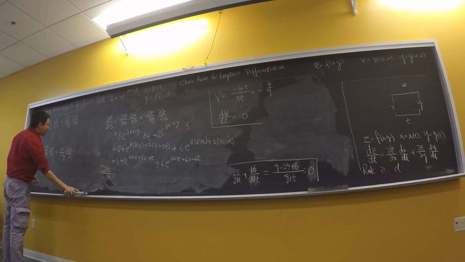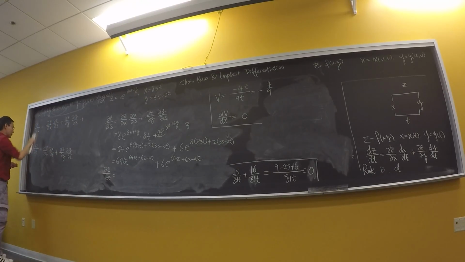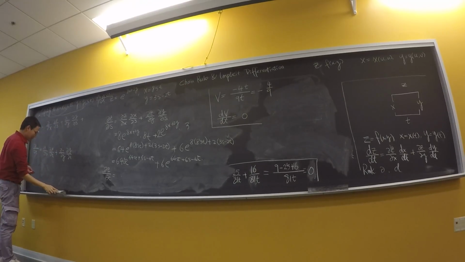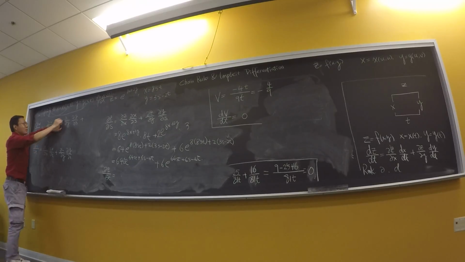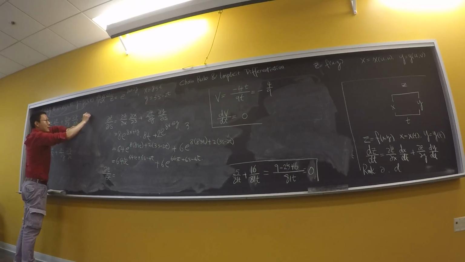So when I have one more variable here, I can make corresponding modifications here. Okay, so I want to compute the partial w, partial s, and the partial w, partial t. So for the partial w, partial s, I have partial w, partial x times partial x, partial s, plus partial w, partial y times partial y, partial s, plus partial w, partial z, then partial z, partial s.